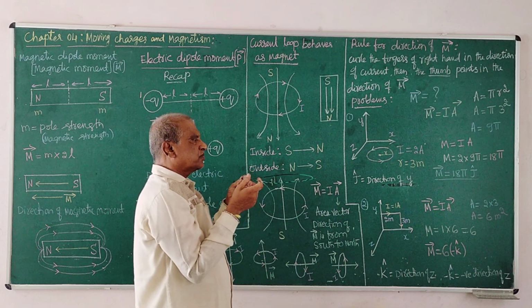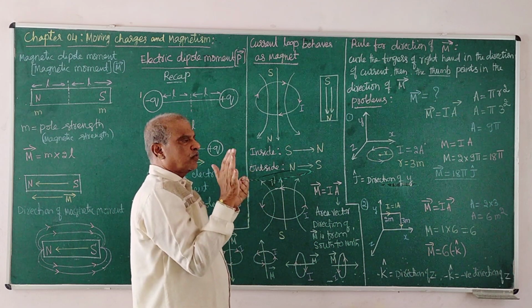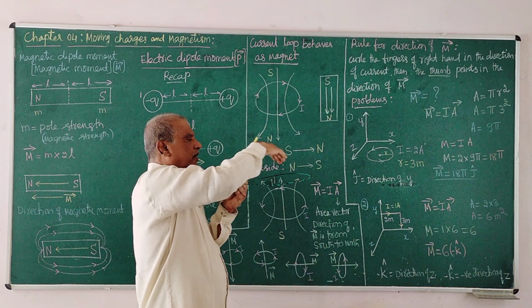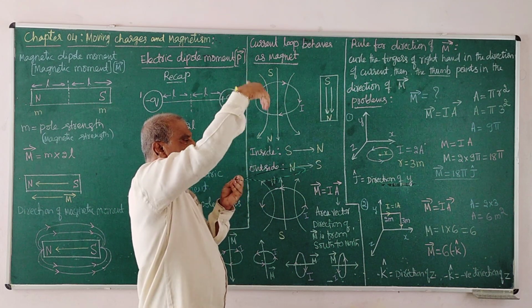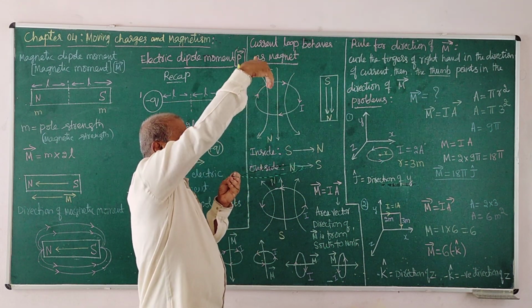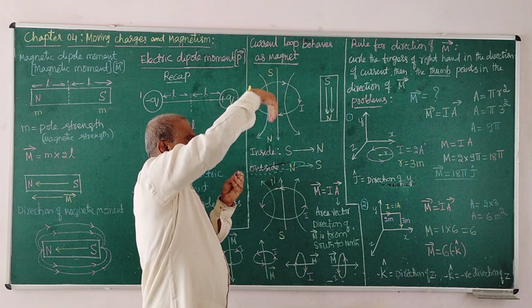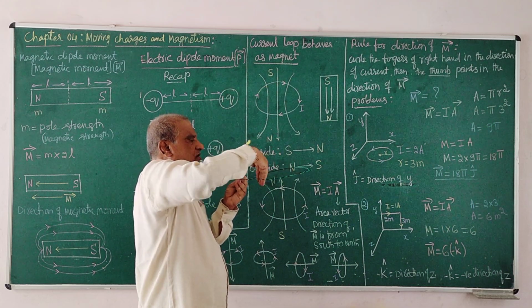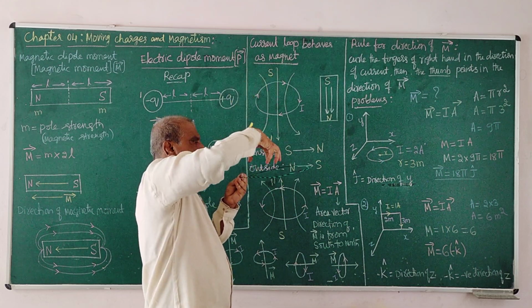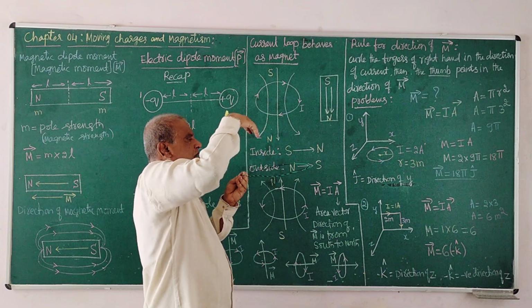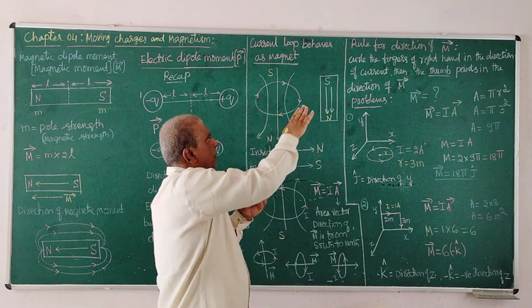Here there is no permanent magnet; the magnetic field is induced due to electric current. The space passing through the ring behaves exactly like a bar magnet.